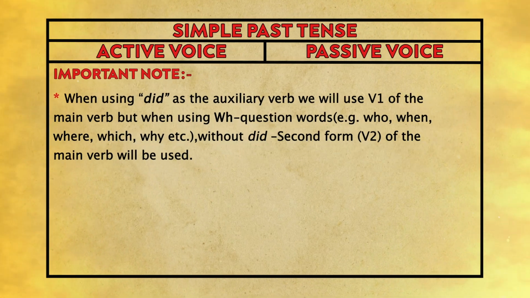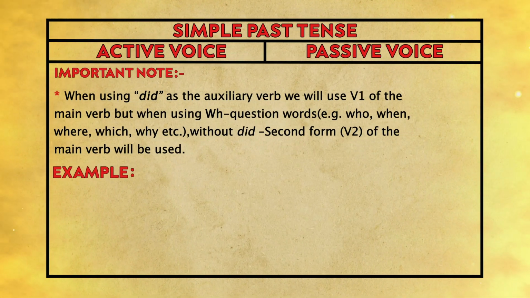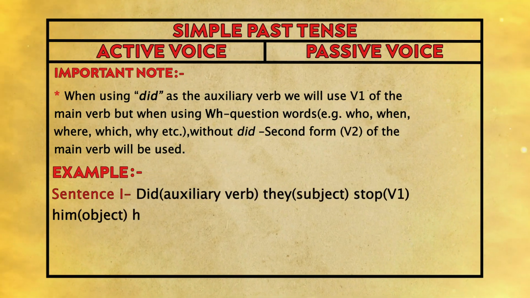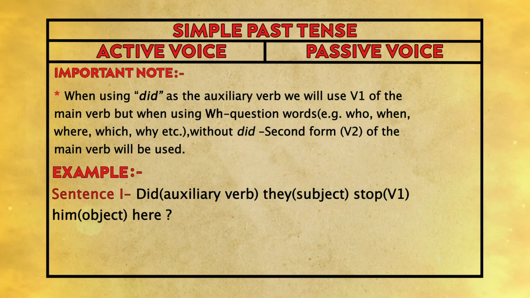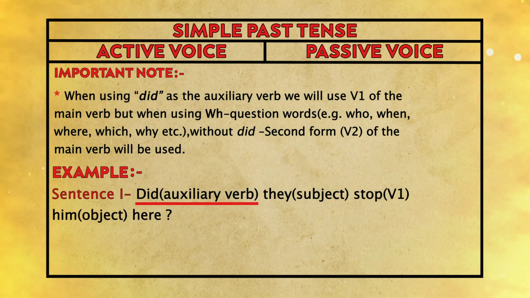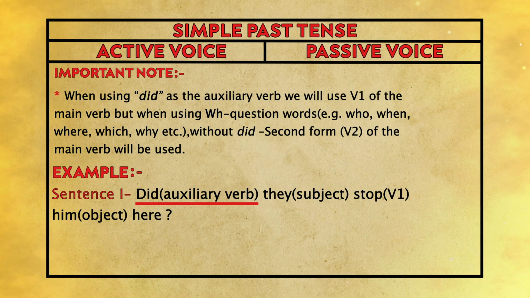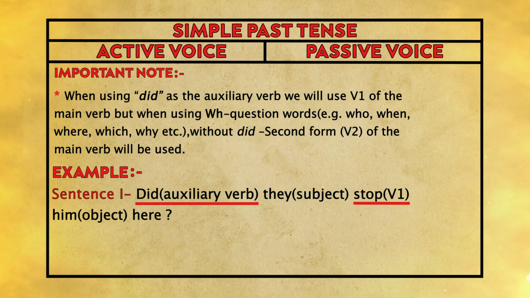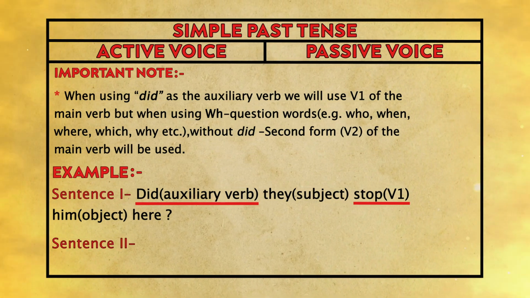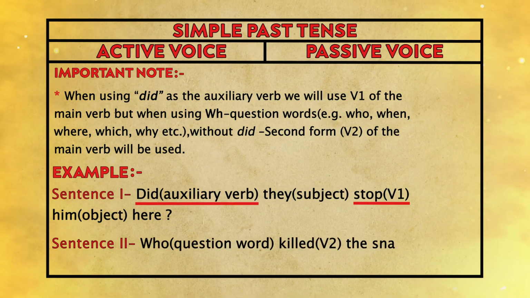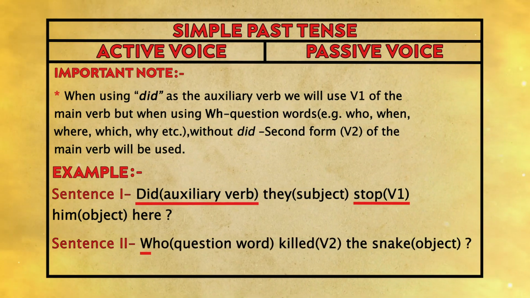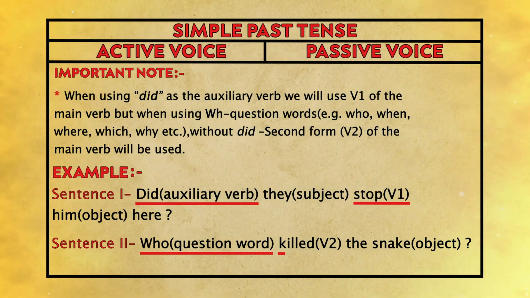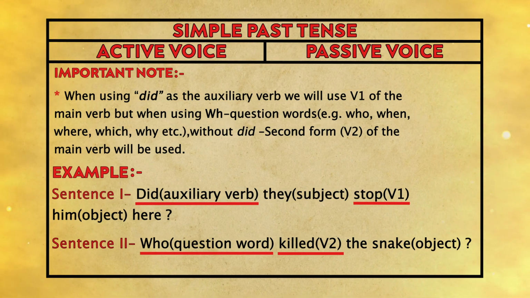For example, look at these sentences. Did they stop him here? Here we used auxiliary verb did and we used first form of the verb, that is stop. Now look at the other sentence. Who killed the snake? So here we used a question word who and we used the second form of the verb, that is killed.